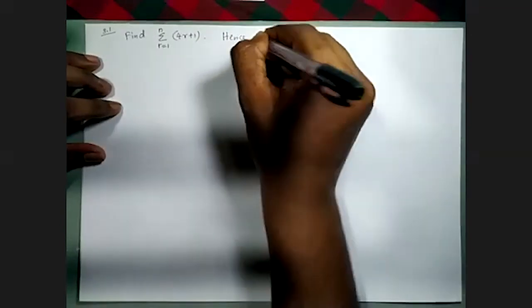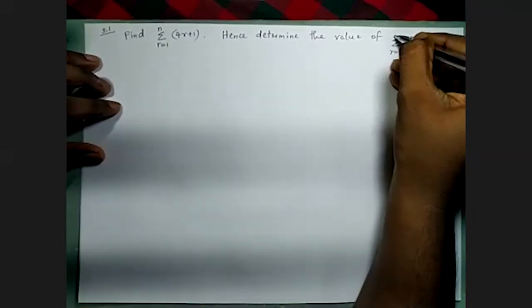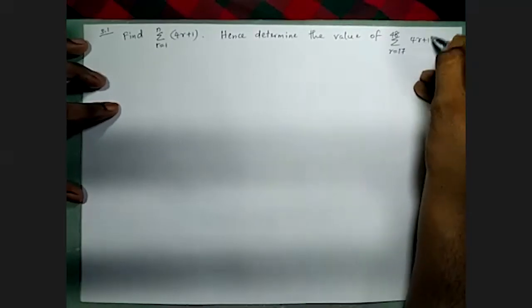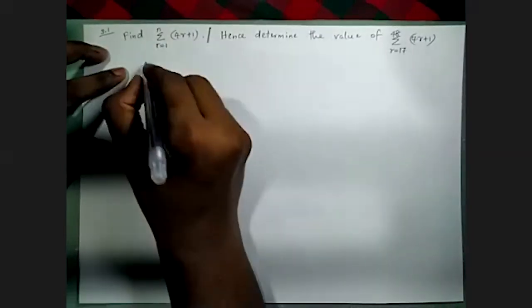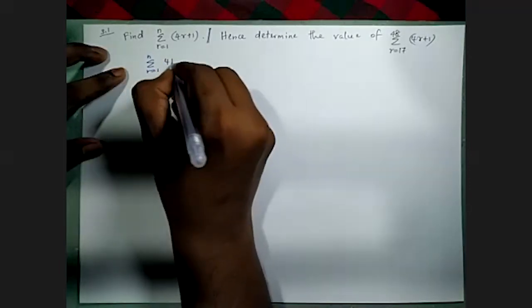Hence, the second part, determine the value of sigma r equals 17 to 48 of 4r plus 1. So let's do this part. You have to calculate this. Start from the notation, 4r plus 1.